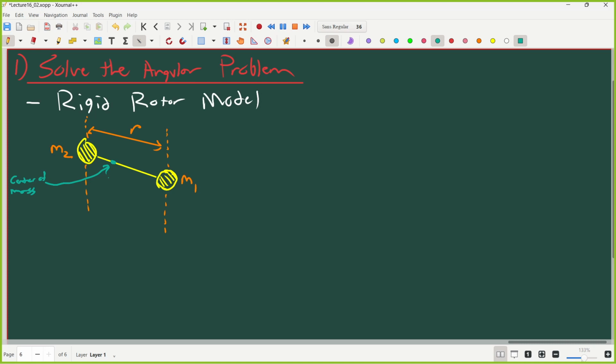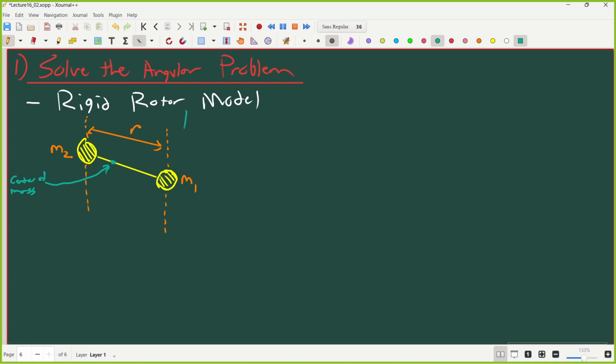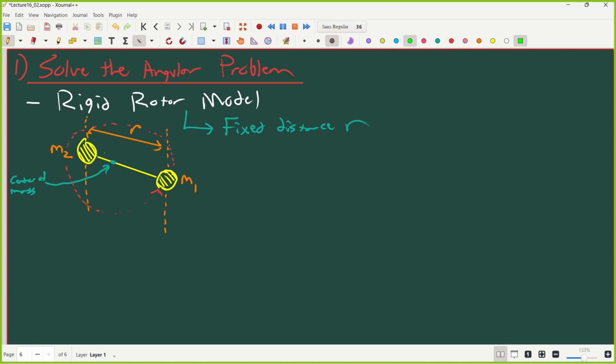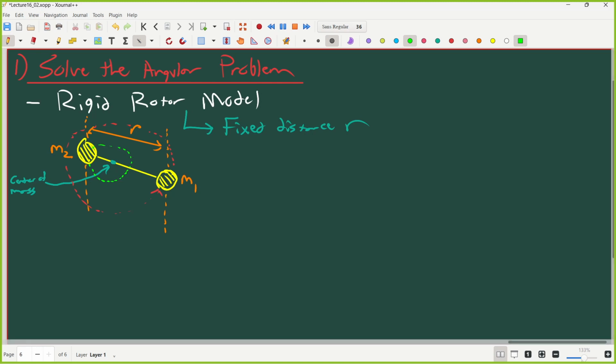Now we want to take each of these atoms and fix r, so a fixed distance r. And we're going to rotate the system collectively. M1 will rotate like this, and M2 will rotate in a smaller circle around the center of mass in the same direction.